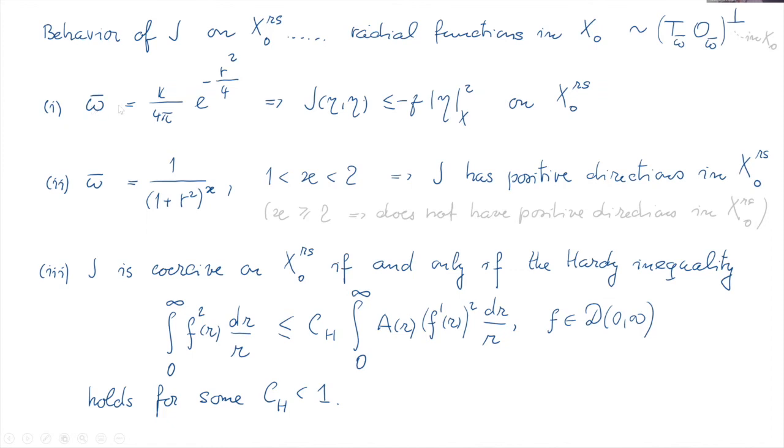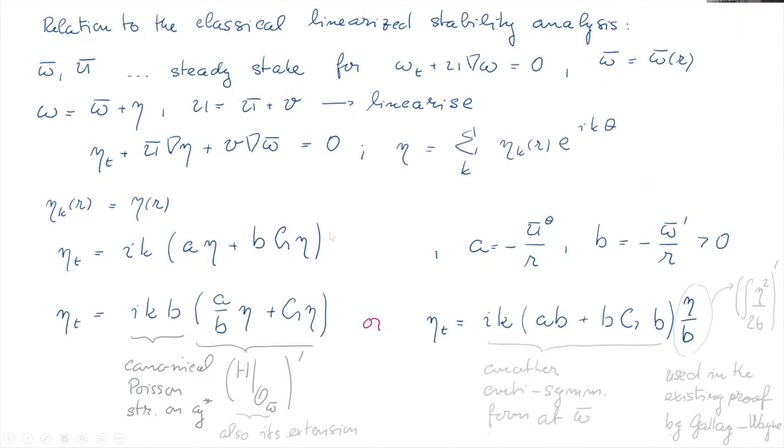And we will have the favorable situation like the one which we have for the Oseen vortex, if and only if this constant is strictly less than 1. So that's what we have for the Oseen vortex. So one can use this, say, for Euler stability. We will still have to deal with the viscosity, right?